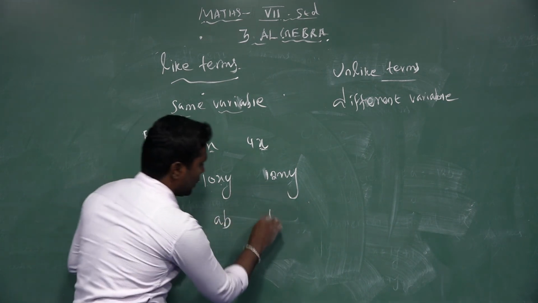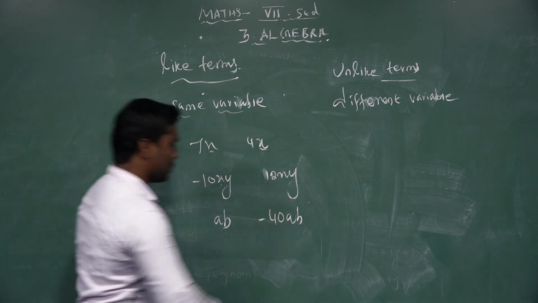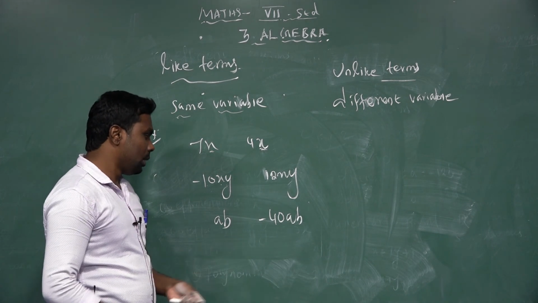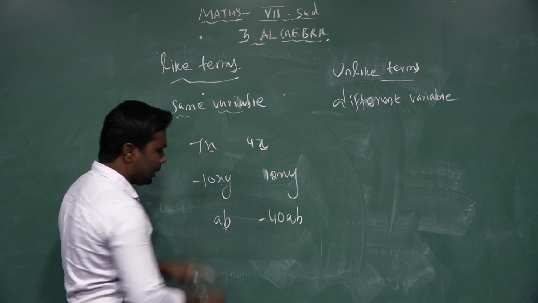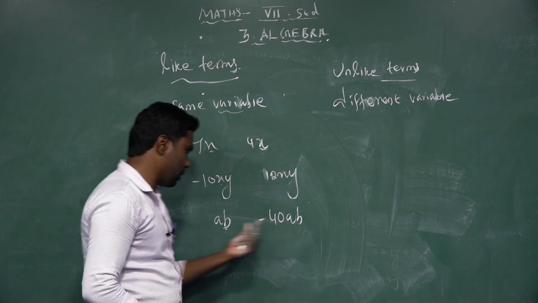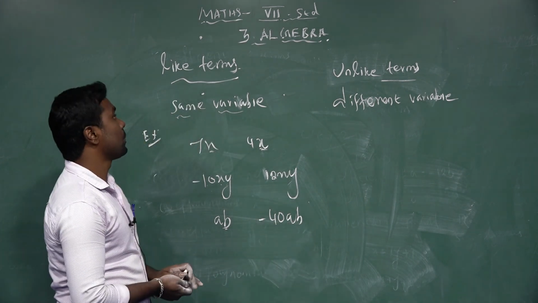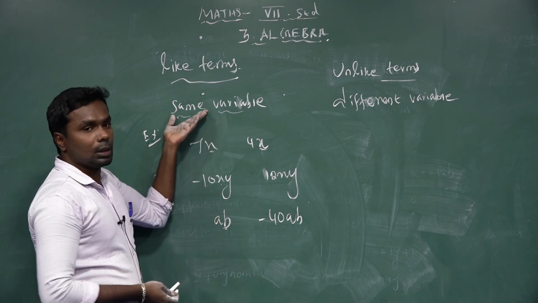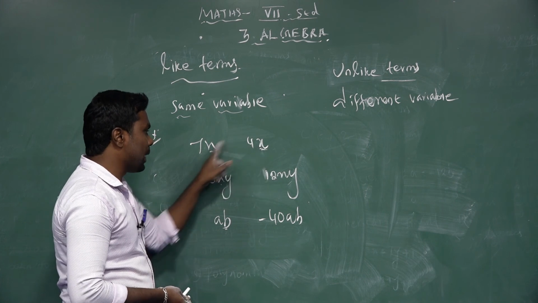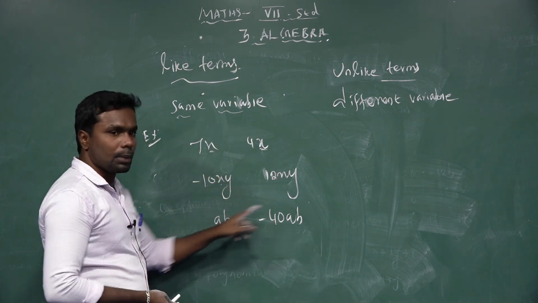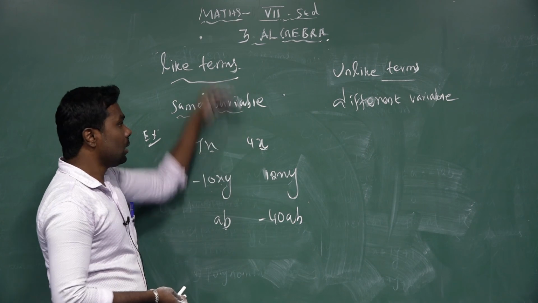Minus 40AB and AB: the variables are AB and AB, so like terms. Terms with the same variable are called like terms.